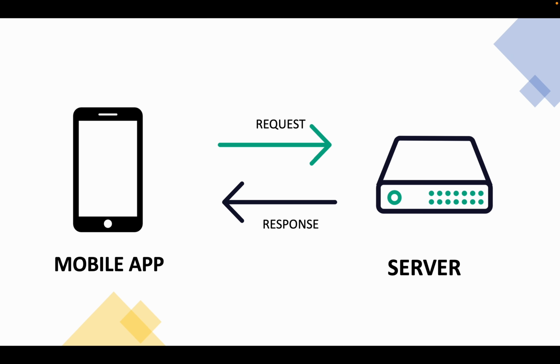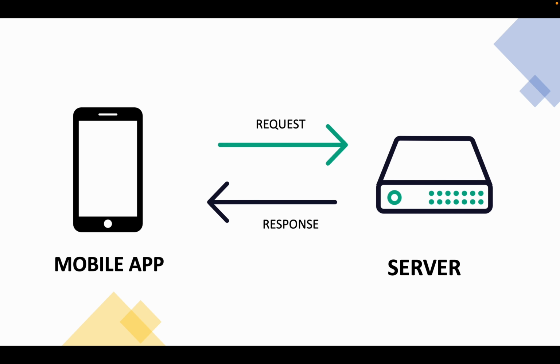Now these REST APIs follow a request-response communication. For example, you are sending a message to your friend saying, "Hey, what's up?" And then your friend reads it, processes it, and then replies back saying, "Hey, nothing much." So sending a message and getting a reply back is how APIs work. Your application sends a request to the server asking for something, and then the server processes your request and sends back a response.